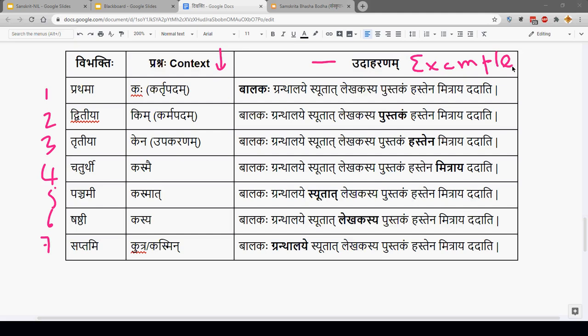So the first sentence, can somebody read it? Giovanni, let's start with Giovanni. First sentence, this one. Balakaha. Grantalaye.